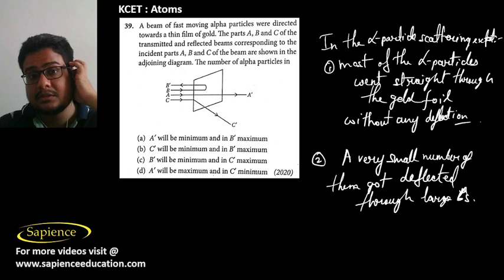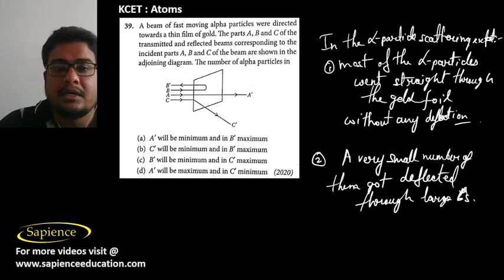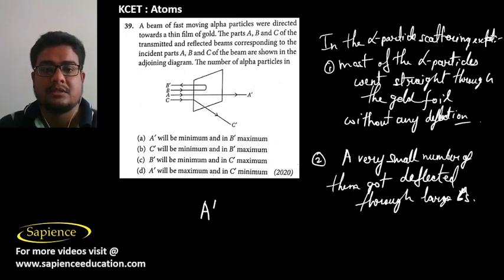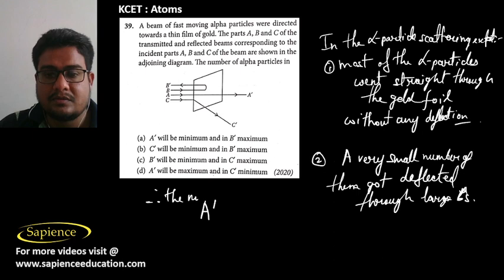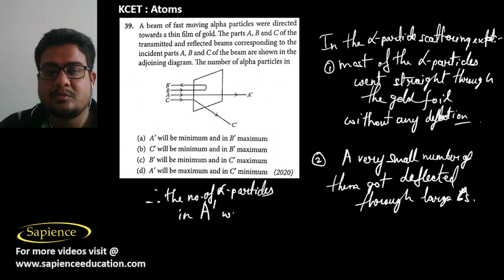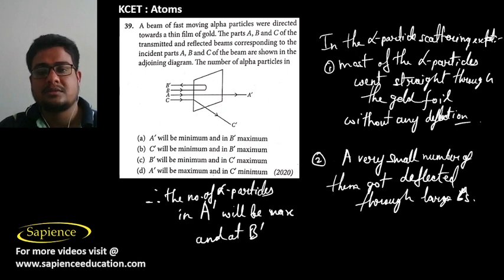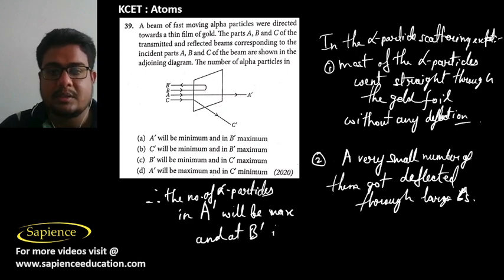So it means that here the number of alpha particles at the point A dash will be maximum, and at the point B dash it will be minimum.